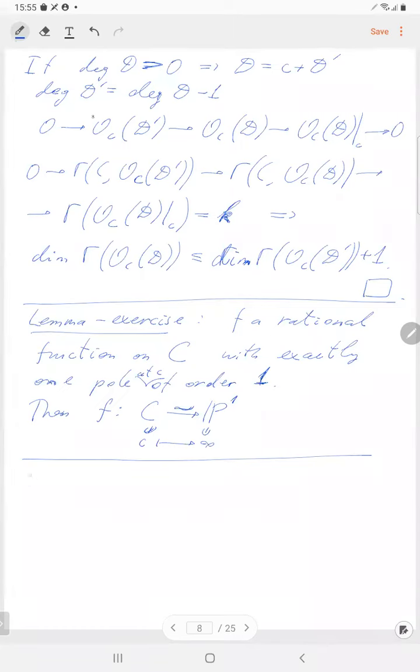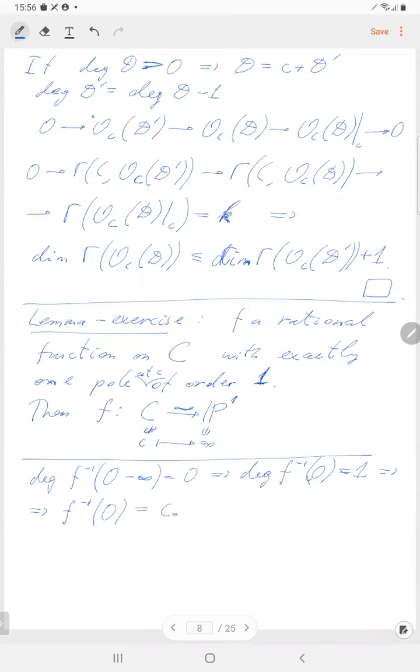So the degree of F inverse of 0 minus infinity is 0, and it means that the degree of F inverse of 0 is 1. So the full preimage of 0 is just one point, say C0.